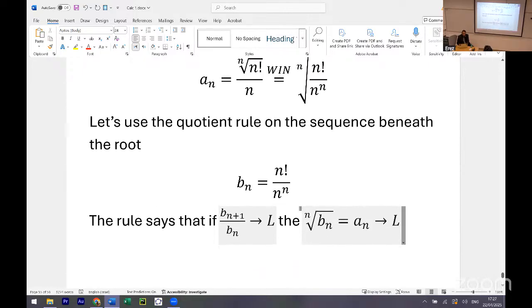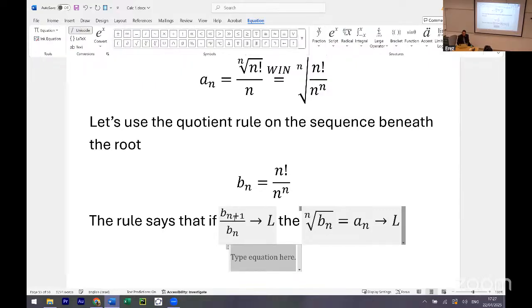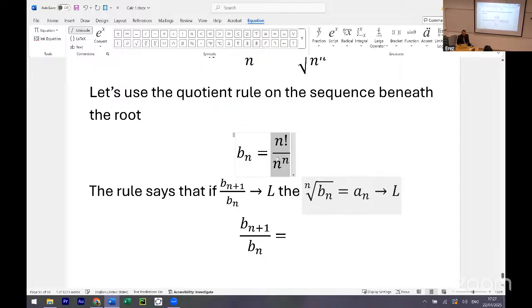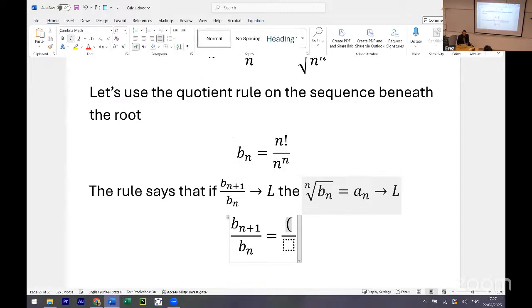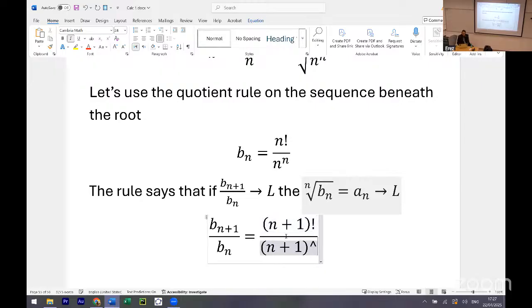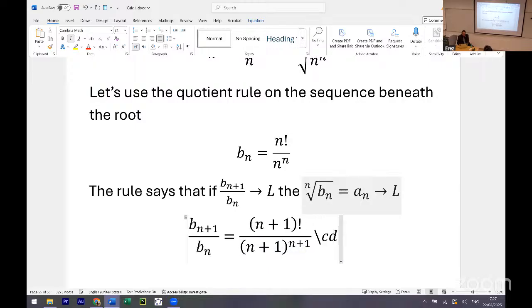So what is Bn plus 1 over Bn? Bn is that thing, and Bn plus 1 is n plus 1 factorial over n plus 1 to the power of n plus 1, times the inverse, n to the power of n over n factorial. Agreed?